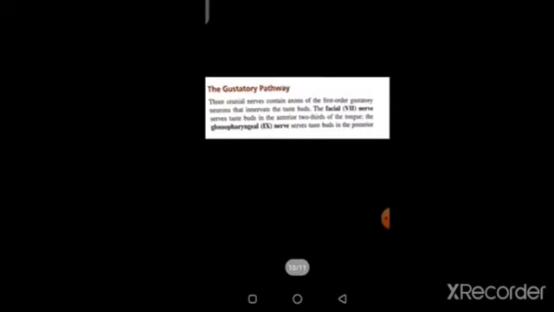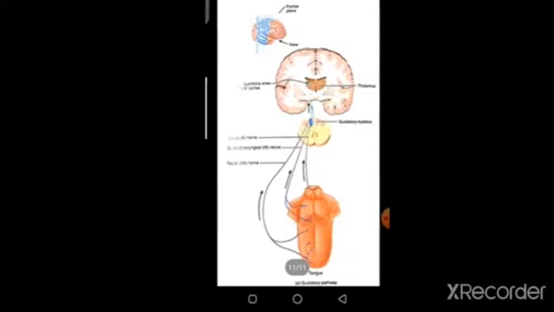Okay. Now we have to study the gustatory pathway, or the pathway of taste, through the tongue. Three cranial nerves contain axons of the first order gustatory neurons that innervate the taste buds. The facial 7th nerve serves taste buds in the anterior 2/3 of the tongue. The glossopharyngeal nerve serves taste buds in the posterior 1/3 of the tongue, and the vagus 10th nerve serves the taste buds in the throat and the epiglottis.